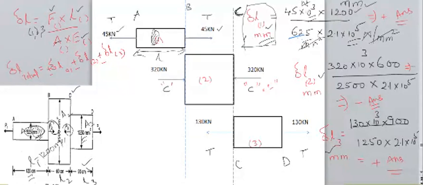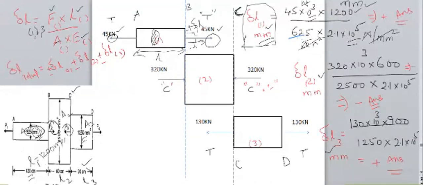And if you see this, the nature of the load is tensile. That is, it is a pulling load. Therefore, the elongation will come as a positive elongation. It is tensile in nature, due to the external load the rod length will be increased.